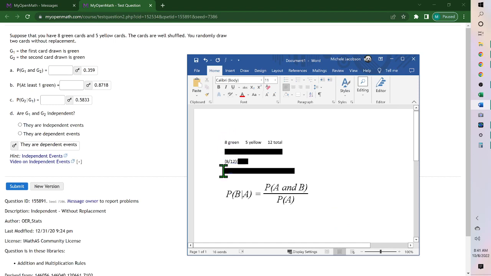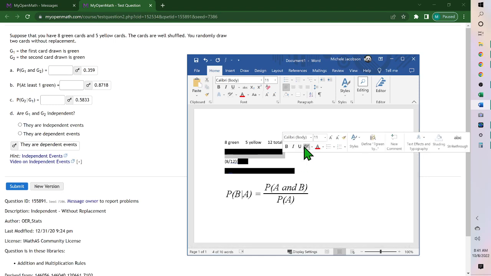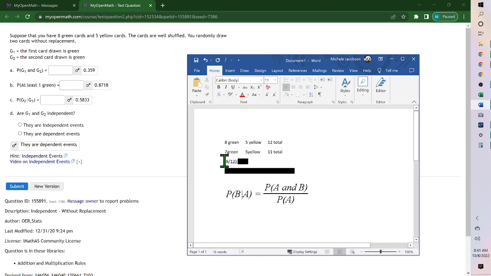But assuming it was, then we've used one of them. So our probability changes. There's now only 7 green, 5 yellow, and 11 total. So there's less cards, and there's 1 green one missing because we didn't put it back. So the probability that the second one is green is 7 out of 11.